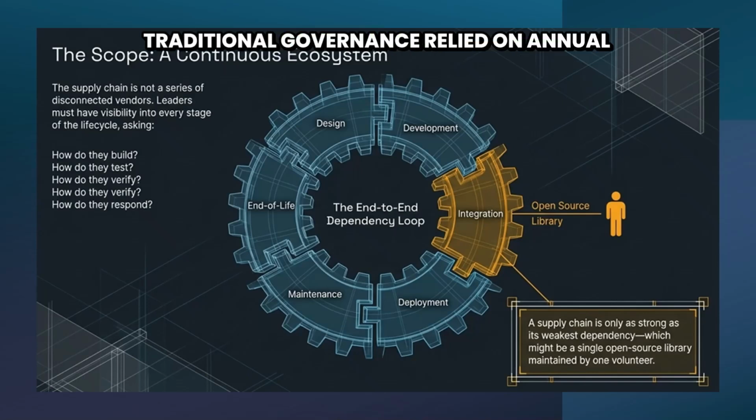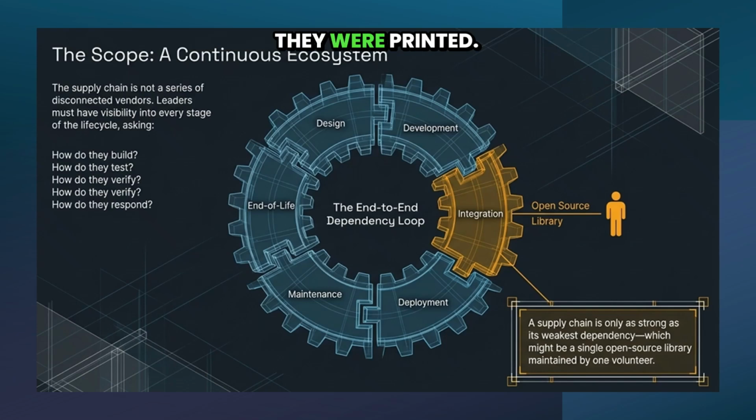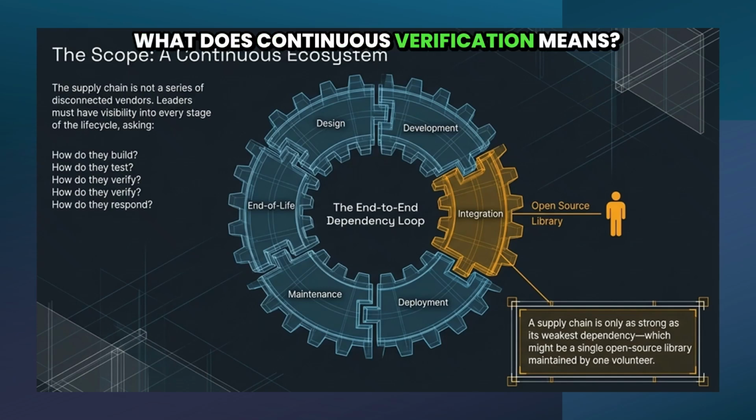Traditional governance relied on annual audits, point-in-time assessments, and compliance certifications that expired the moment they were printed. Zero trust destroys that model. It replaces trust but verify with never trust, always verify continuously. What does continuous verification mean?